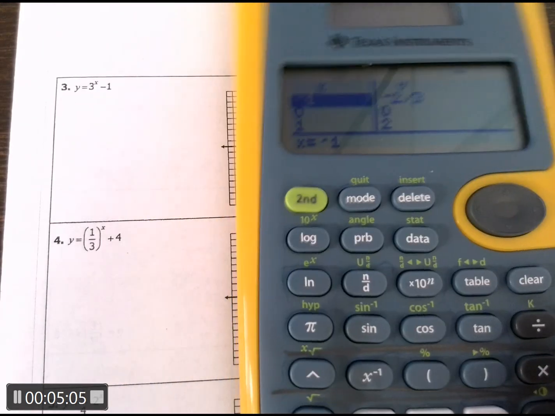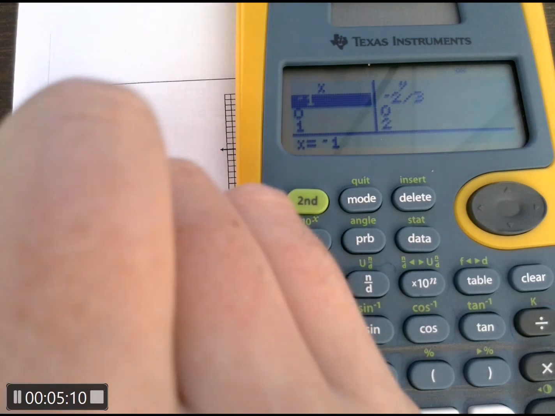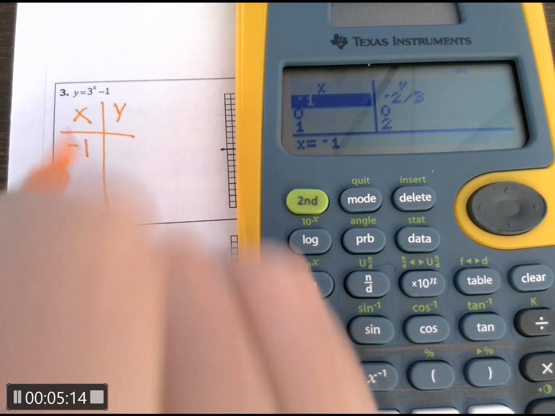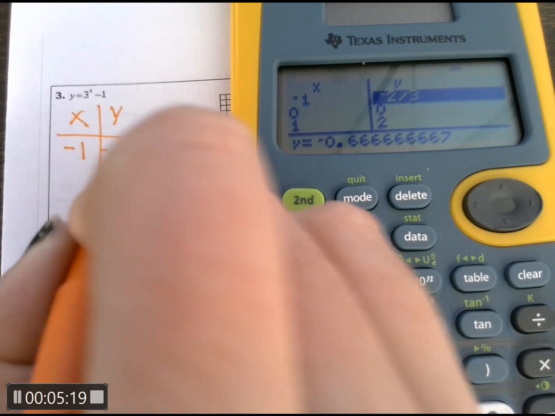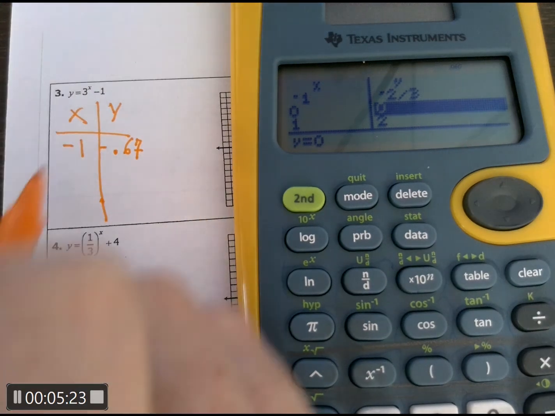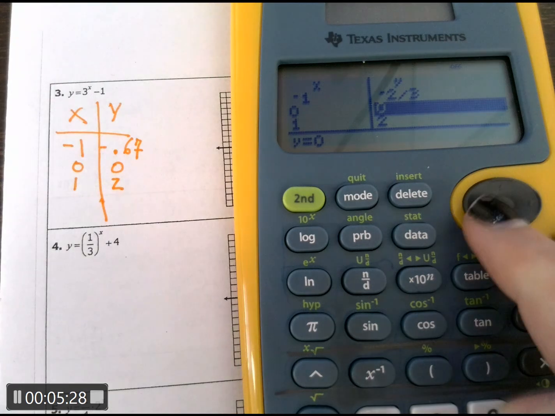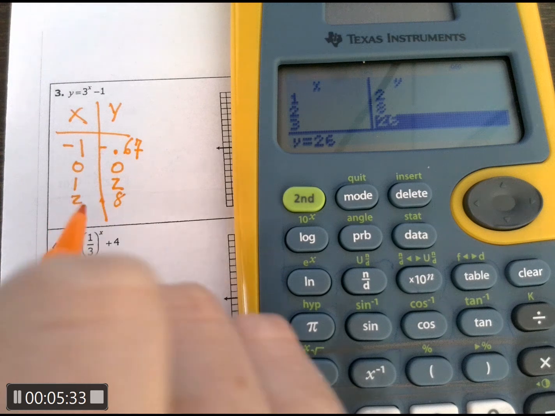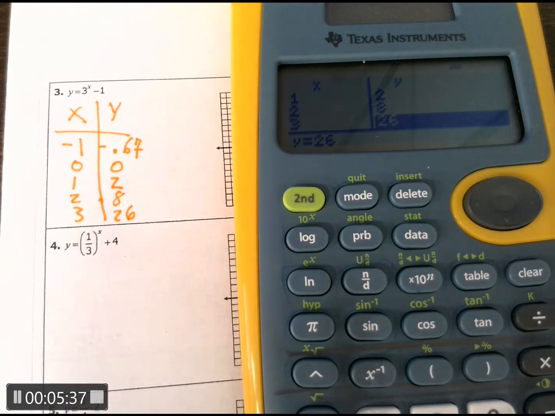Okay, so -1 is a great starting point. So we have our x and our y. So -1, and we have -2/3, which is -0.67. And then 0, 0. And then 1, 2. And then 2, 8. And 3, 26. Alrighty.